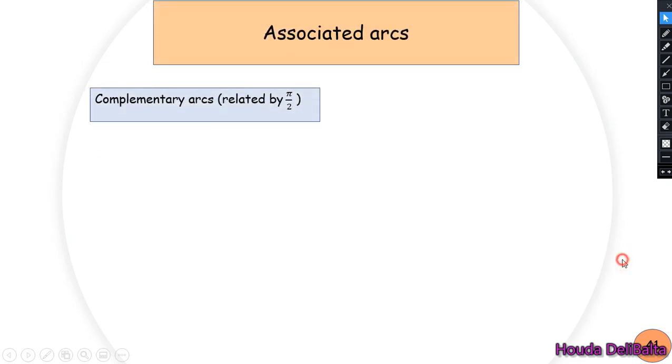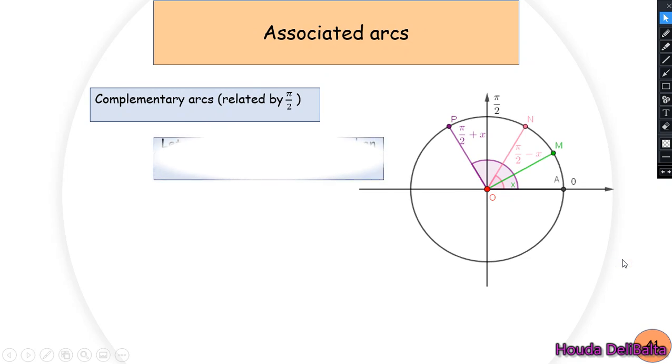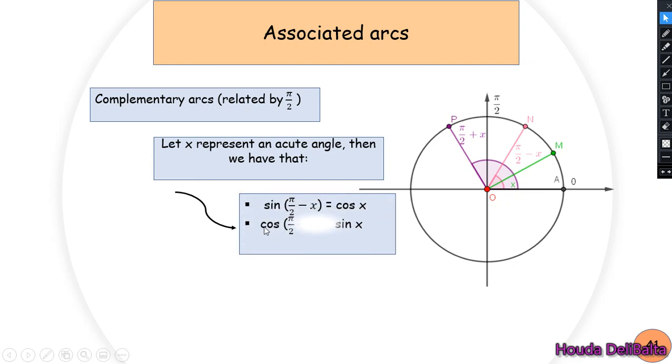We can conclude that according to complementary arcs, if x represents an acute angle, then sine of pi over 2 minus x is equal to cosine x. When the angles are related by pi over 2, they are called complementary angles, so they have to exchange sine and cosine.